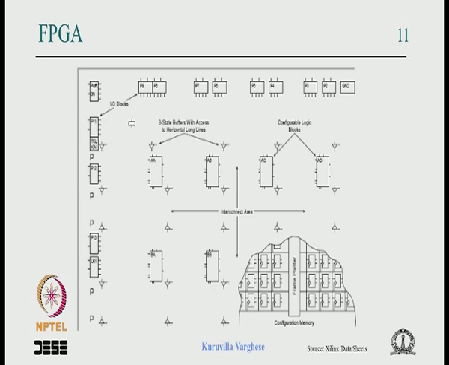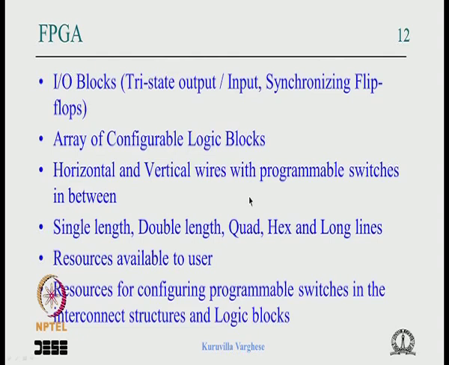But then it's not a processor, so it is up to the designer to exploit the available resources and do parallel computing, pipelining and so on, and implement a very high throughput design. That's how one achieves performance with an FPGA.